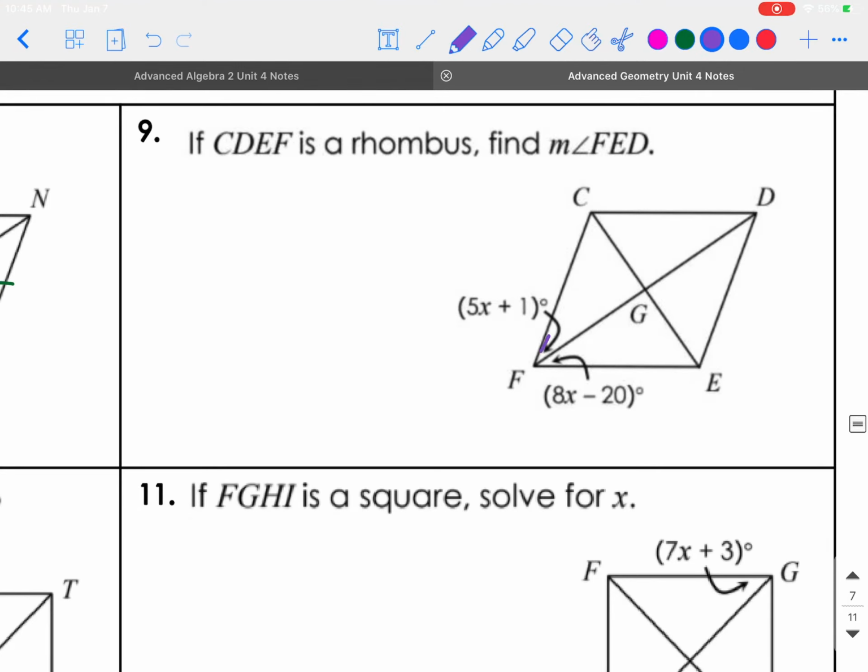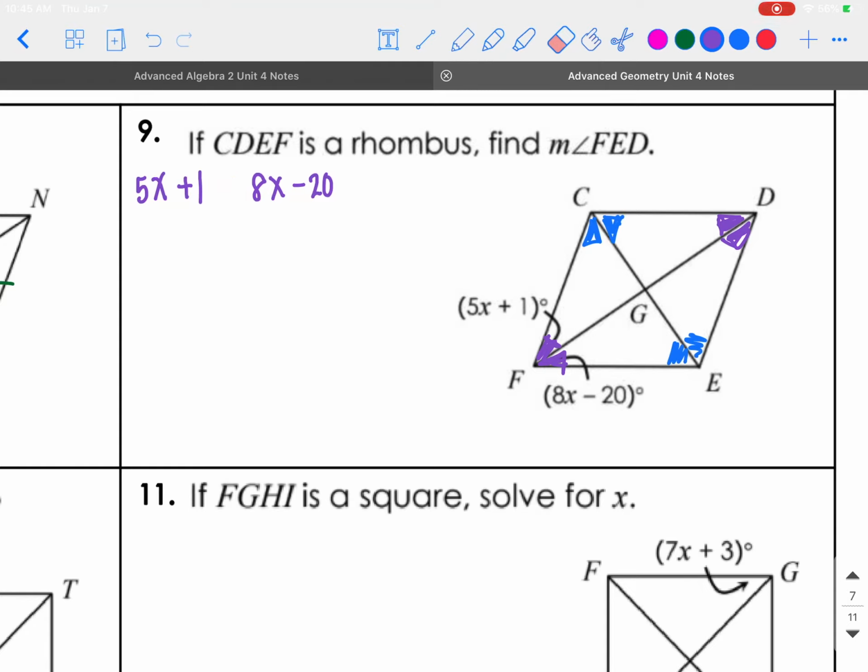Number 9, again we have a rhombus, and remember in a rhombus, all of these angles that I'm coloring in purple are equal, and so are these that I'm coloring in blue. So that means that these expressions I can set equal to each other. So 5x plus 1 equals 8x minus 20.